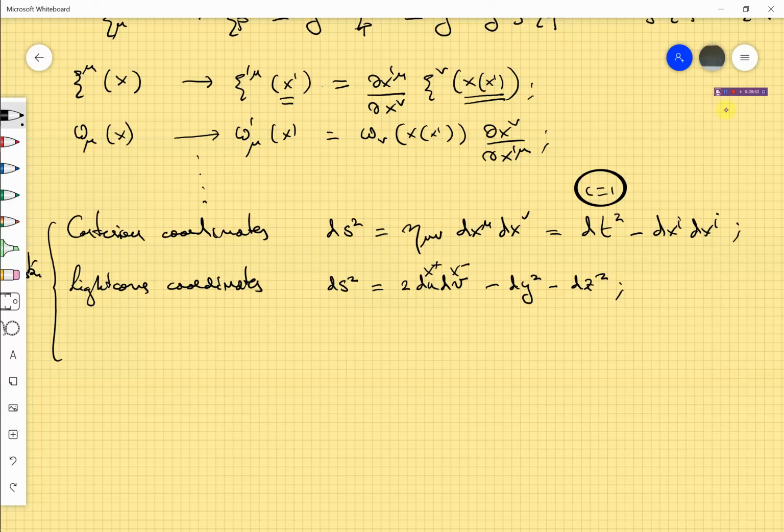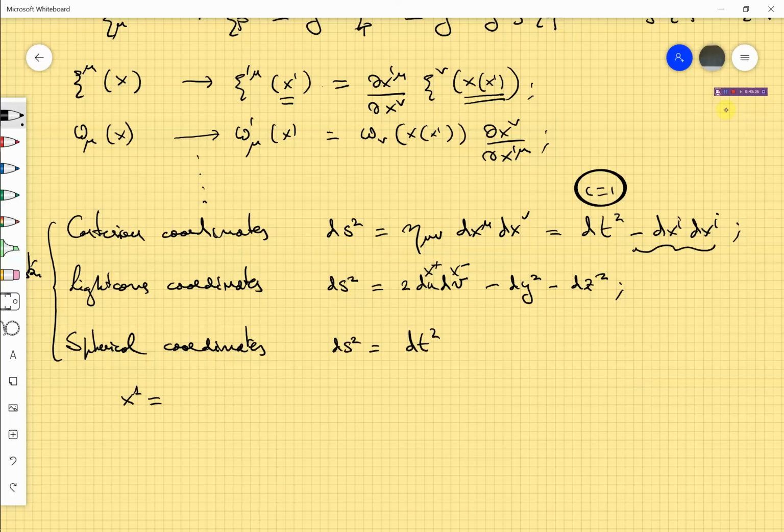Finally, we have spherical coordinates. In these coordinates, nothing is done to the original time coordinate, but the spatial coordinates are expressed in terms of angles. These are my definitions for the spherical coordinates.